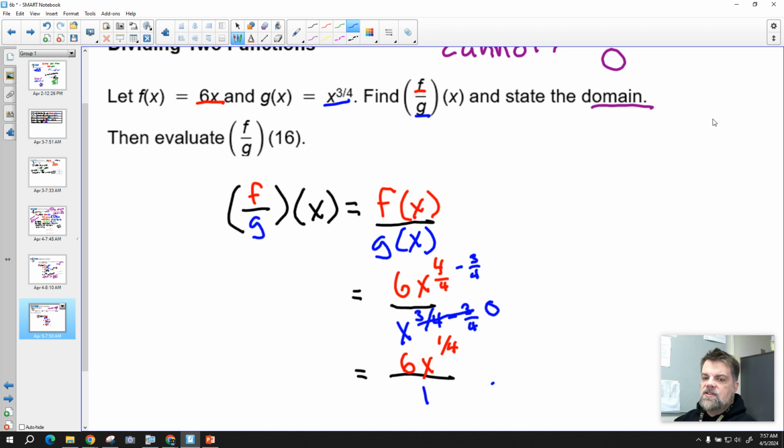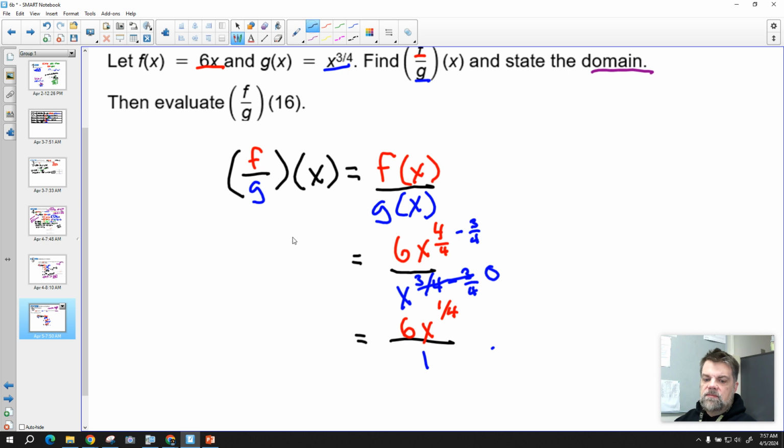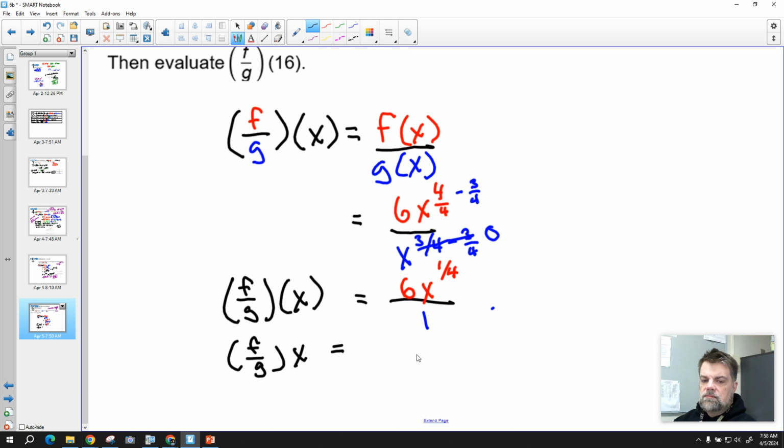So our final answer is that f divided by g of x, and we'll write it down a second time down here, is just going to be 6x raised to the 1/4. And remember, that is 6 times the 4th root of x.